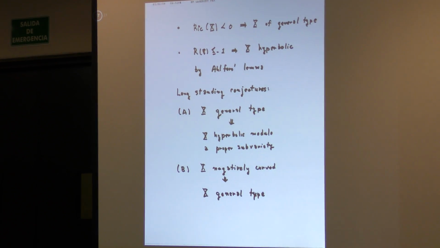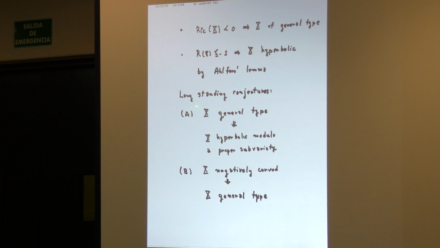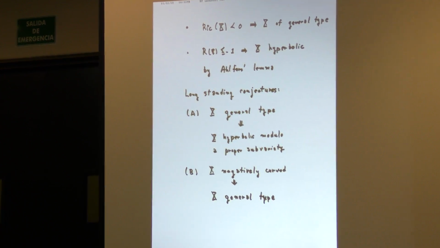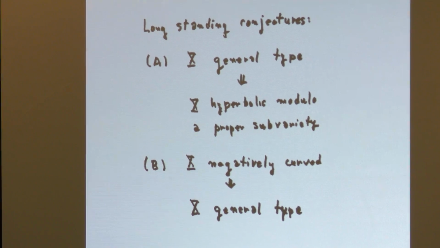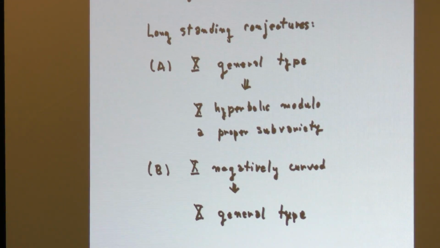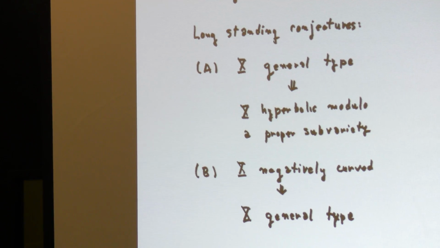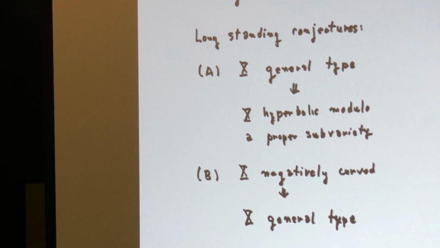So there are two long-standing conjectures. One is about general type. Well, I should say that a complex manifold is said to be hyperbolic if there's no non-constant map of the complex line into it. So you can't map C into it.